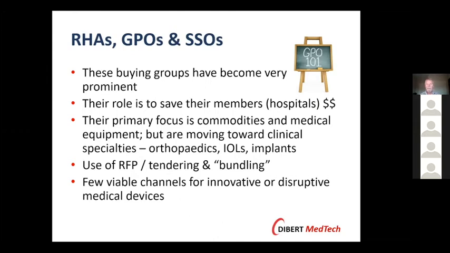Bundling is when, if I'm a hospital, I say, well, I need several items. Say I need syringes, I need gowns, I need masks, I need gloves. So I'm going to bundle all that technology and then send that out to tender to see what comes back. And then the companies will bid for the business.